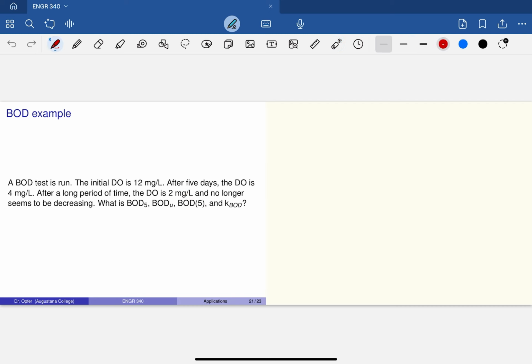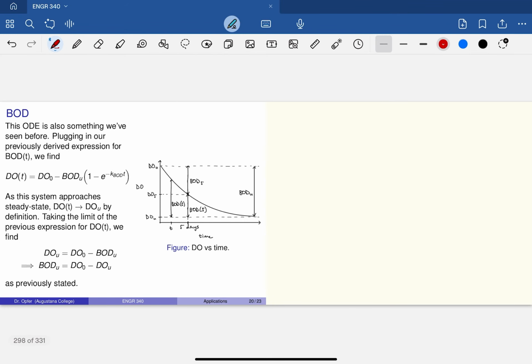All right. First things first, let's deal with BOD5. So we know that BOD sub 5 is equal to the initial dissolved oxygen minus the dissolved oxygen at day 5. Let's take a look at our picture.